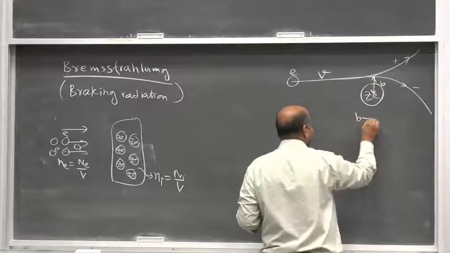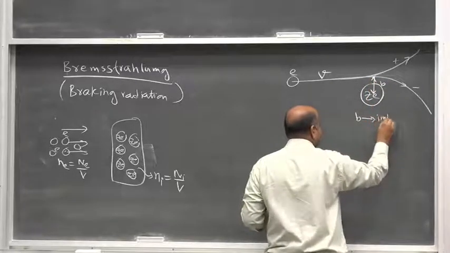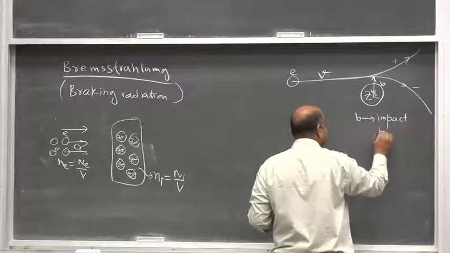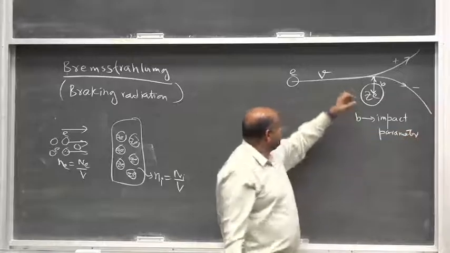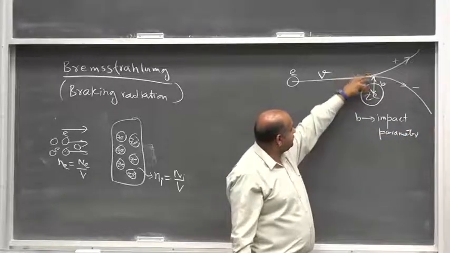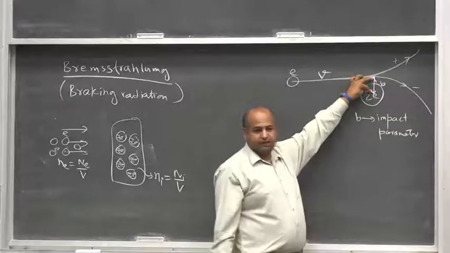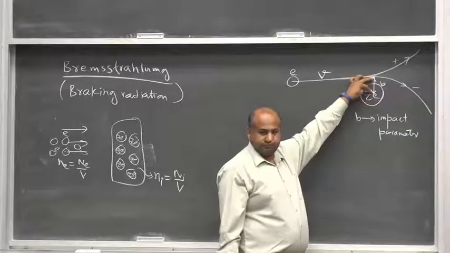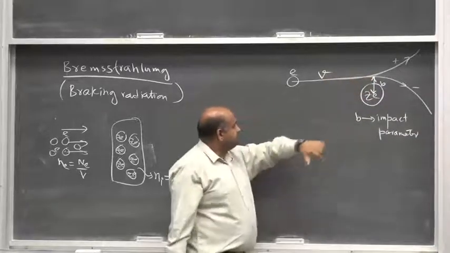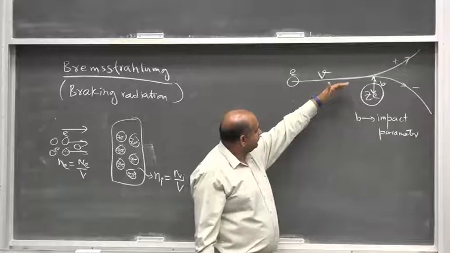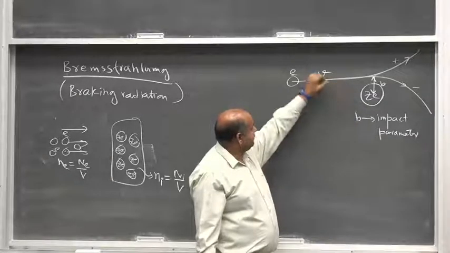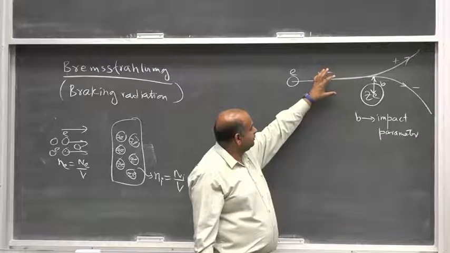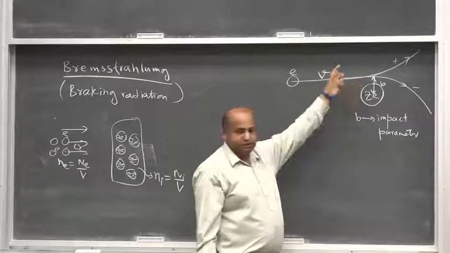This b is usually called impact parameter. But this is essentially the distance, the smallest distance between the two ions when they're closest. Okay, and what we want to do is find the power radiated in radiation during this process.